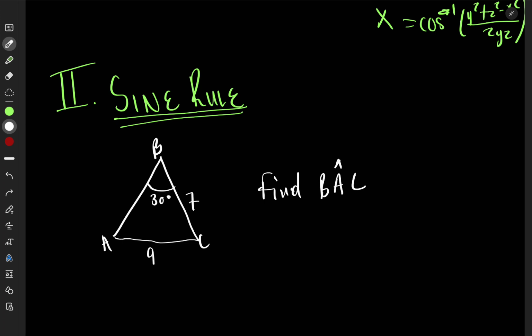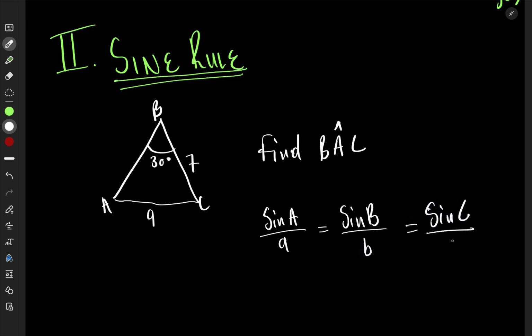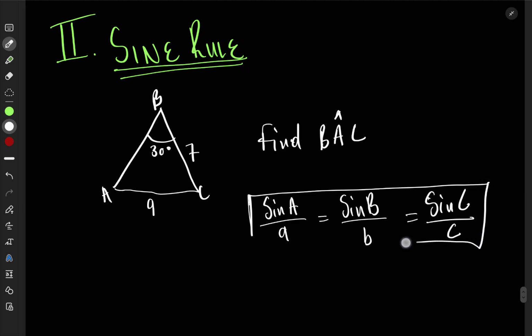What does the sine rule say? Well, the sine rule has two forms. The sine rule says sine A over A is equal to sine B over B, which is equal to sine C over C. Okay, sine big C over small c. This is the first way you can write it.